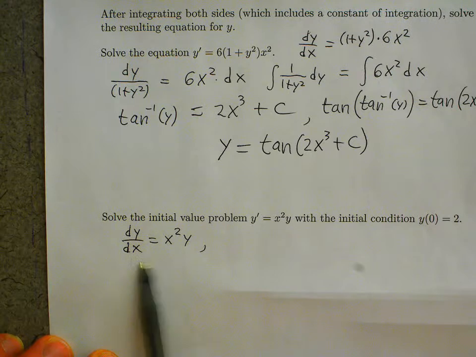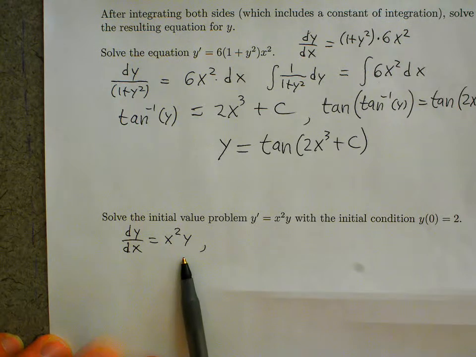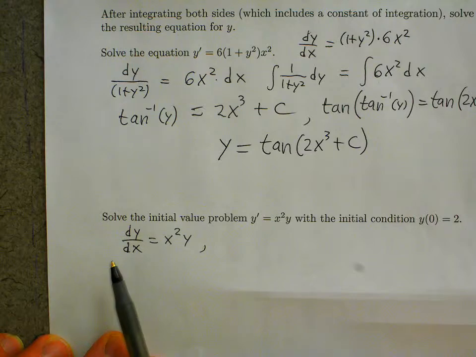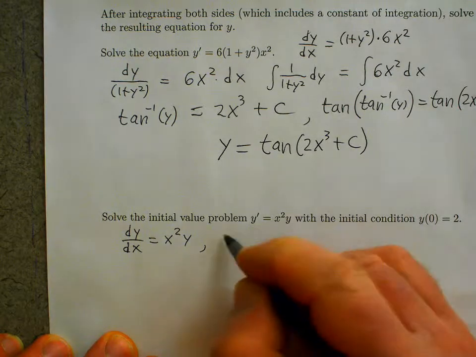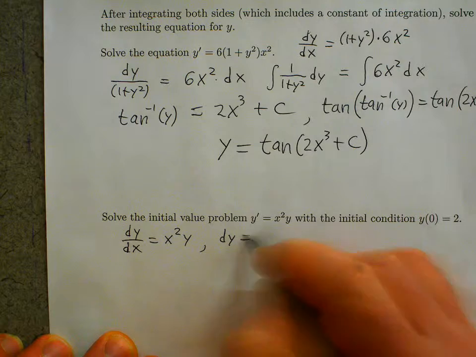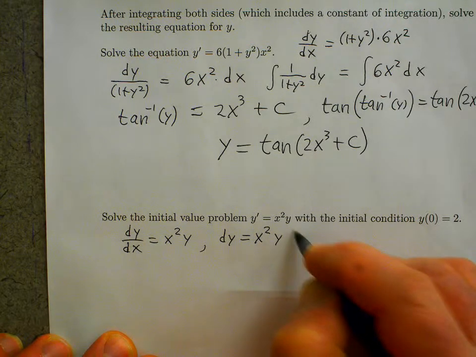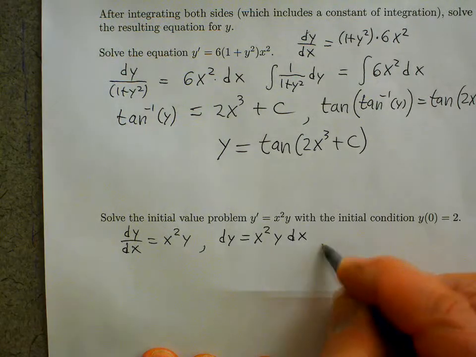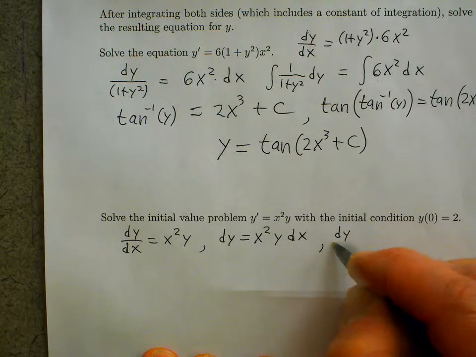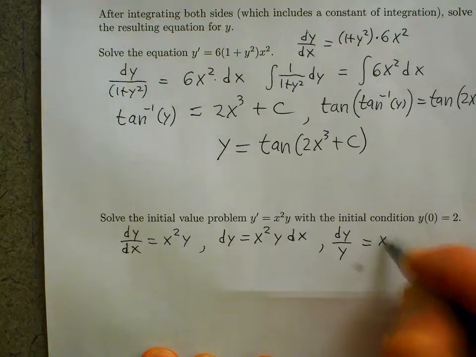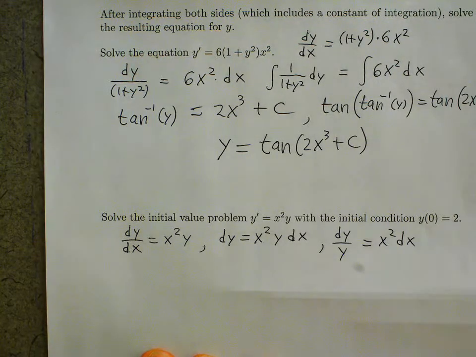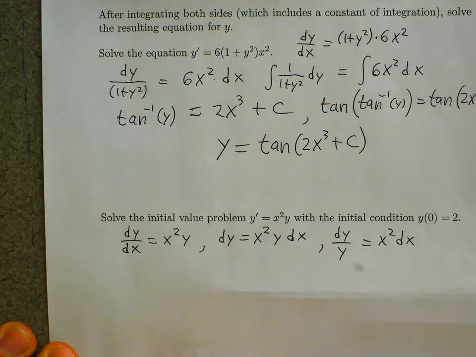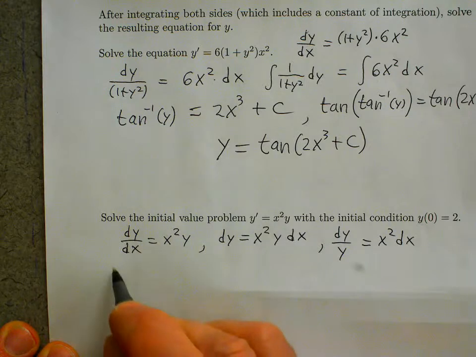I'll put in one more step than is really necessary. If you start by multiplying both sides by dx, we get dy equals x squared y dx. We want all of the y terms on the left-hand side, so we'll divide both sides by y, and we get dy over y equals x squared dx. Then we put each side into an integral.